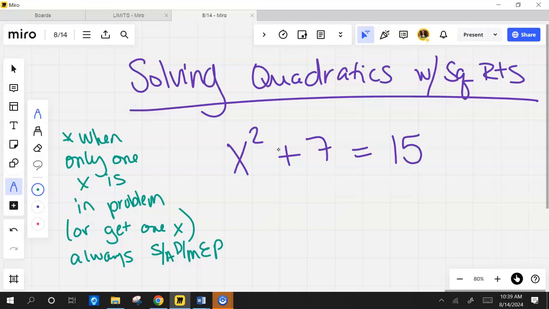PEMDAS, but backwards. Please excuse my dear Aunt Sally, but backwards. Okay. So what this does, this tells us the order because solving is the opposite of simplifying. So I'm going to go the opposite order.